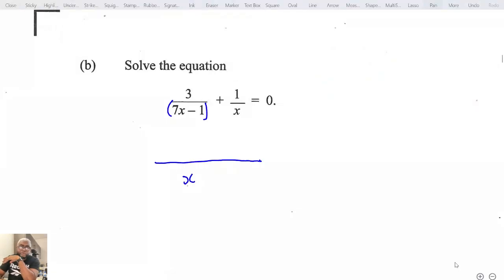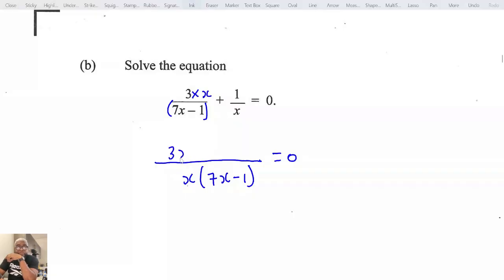So in order to solve this, I have to find the product of the two denominators, as I said. So it'll be x by 7x minus 1. Go ahead now. You need to put equal to 0 on this side, right? So watch it. 7x minus 1 into this entire denominator, the 7x minus 1 cancels, and you have to multiply 3 by x.